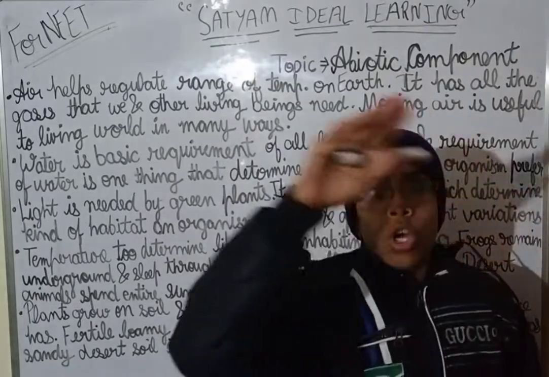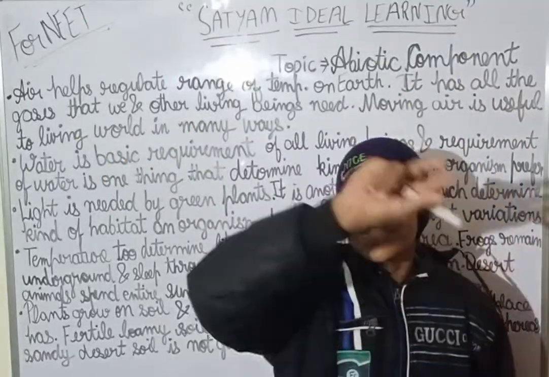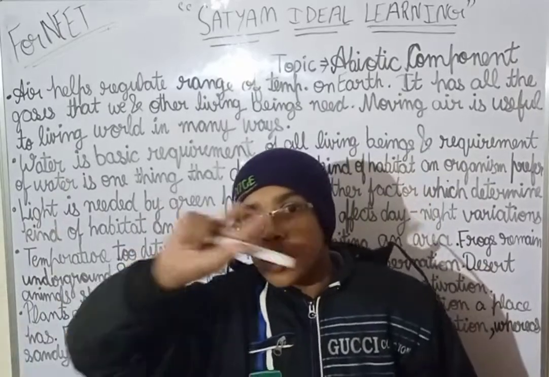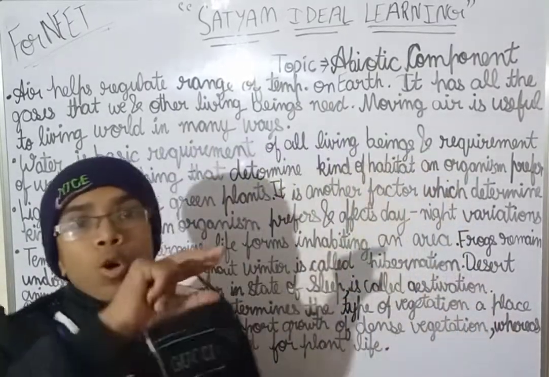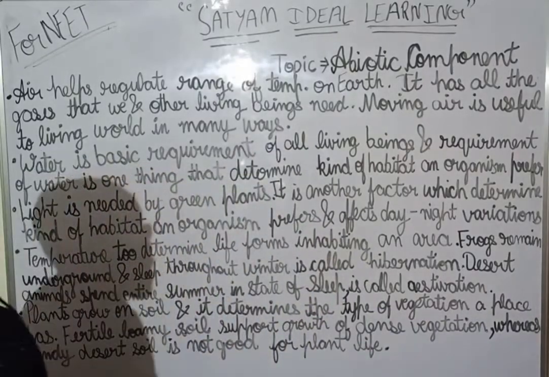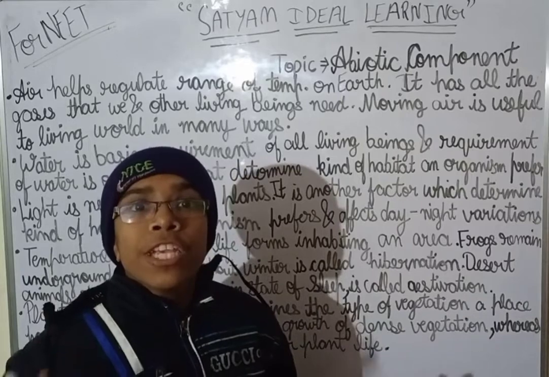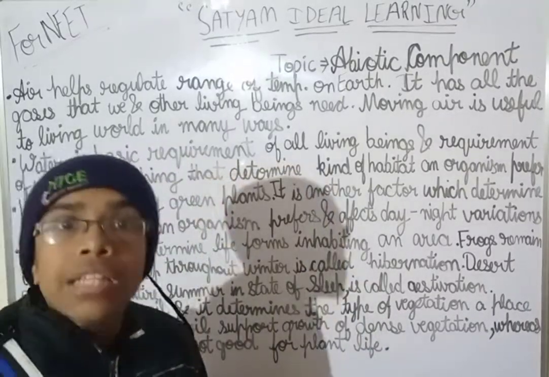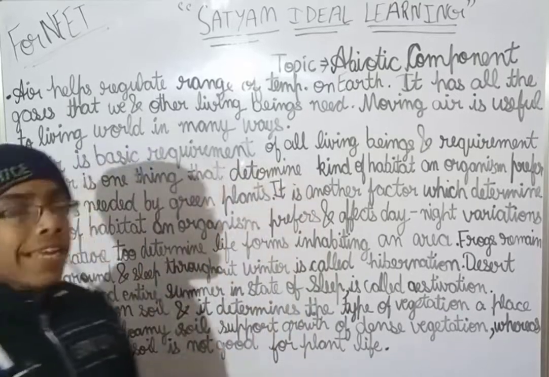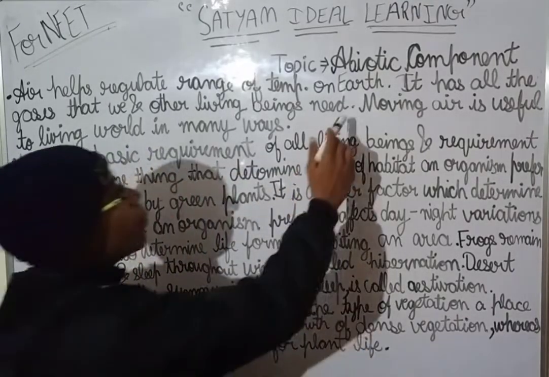There is the ozonosphere, a layer of the atmosphere called ozone. The ozonosphere is the layer in which there is ozone gas, and ozone gas protects the earth from UV rays. Clear this thing?